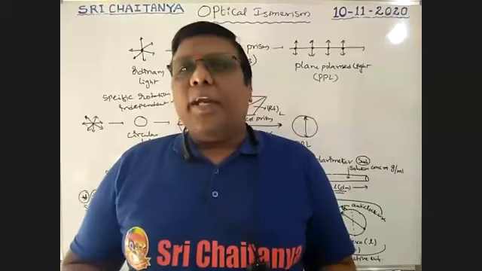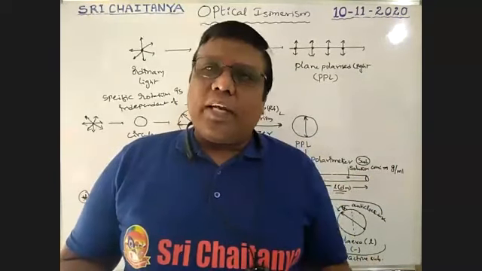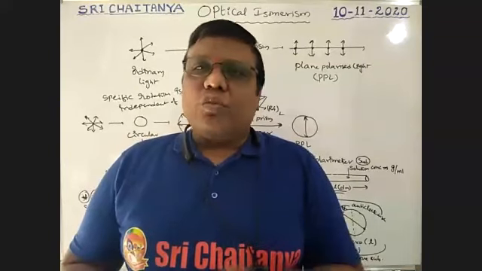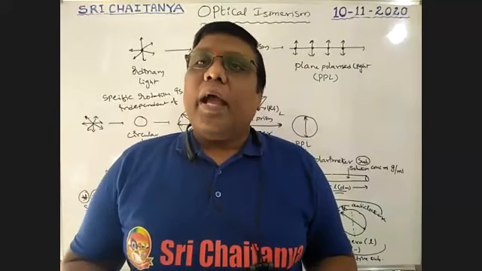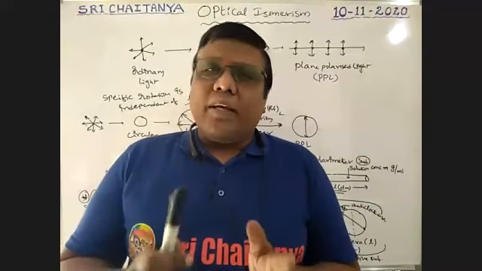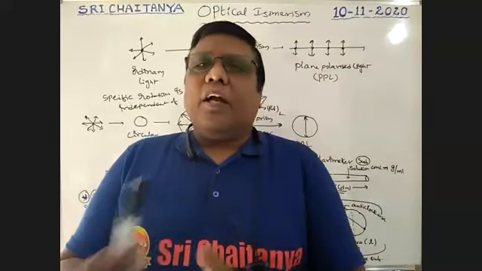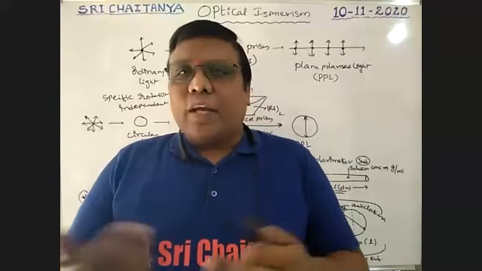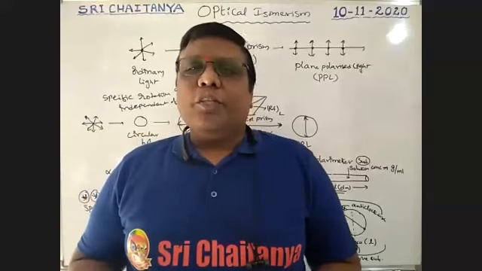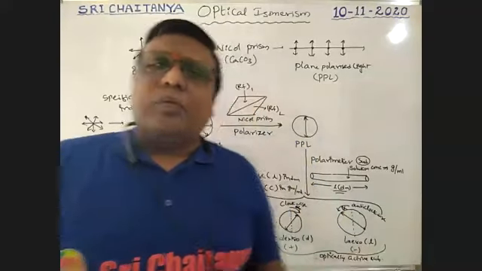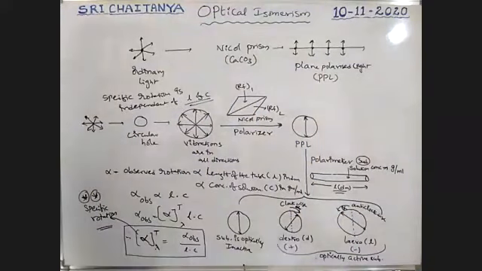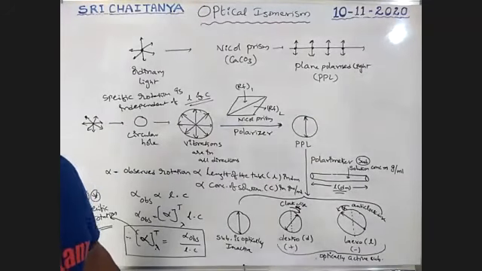Which can rotate plane polarized light either clockwise or anti-clockwise is an optically active substance. When a compound is optically active and when it is optically inactive, we are going to discuss in this optical isomerism. Is there any doubt up to now? It is very, very important.